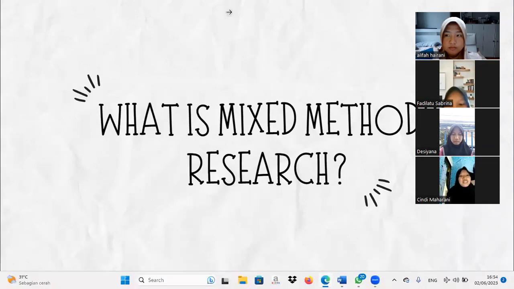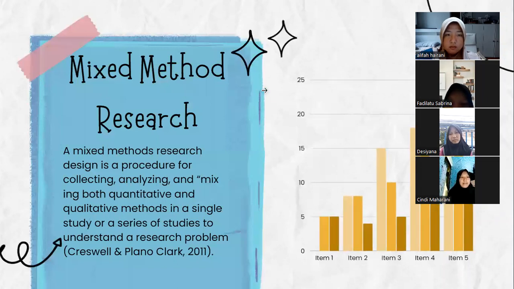Okay, thank you, moderator. The first material is about what mixed method research is. Mixed method research design is a procedure for collecting, analyzing, and mixing both quantitative and qualitative methods in a single study or series of studies to understand a research problem, according to Creswell and Plano Clark, 2011.